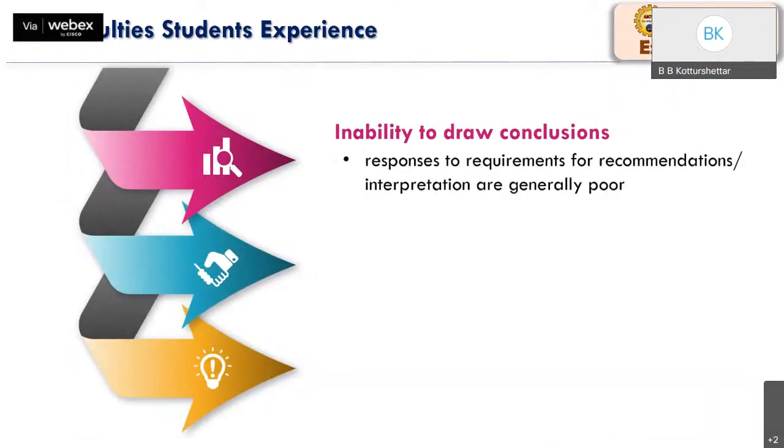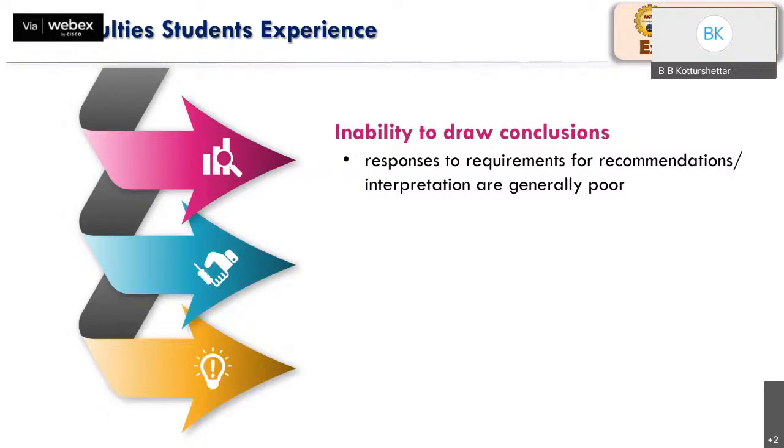Okay, if we go a little deeper into this aspect, see the difficulties experienced by students. We being teachers evaluate students time and time again, so we know what difficulties are experienced by students. One of them is the inability to draw conclusions.